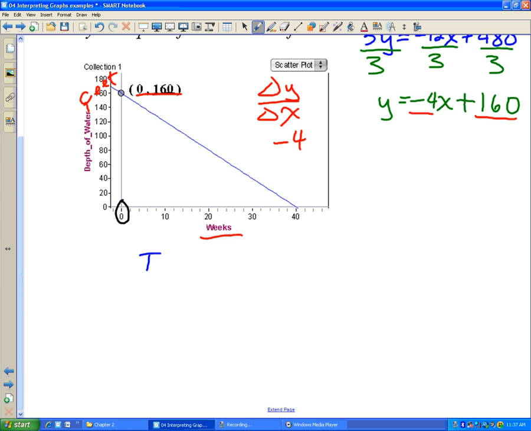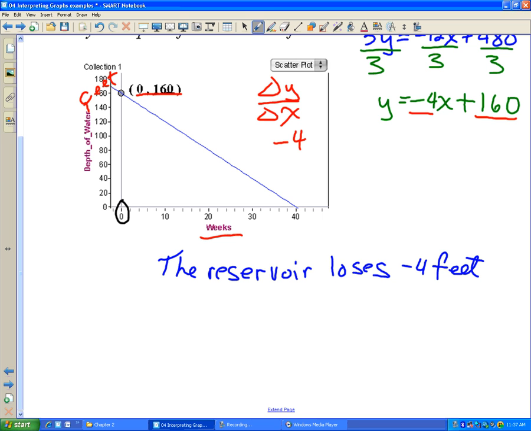So the reservoir loses 4 feet of water each week. That's the real world meaning of my slope.